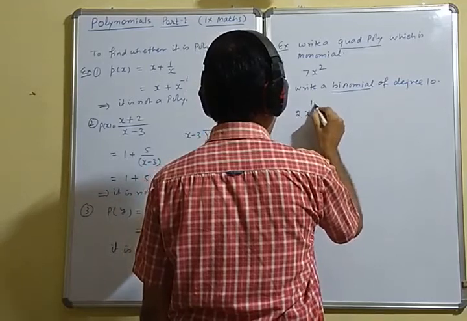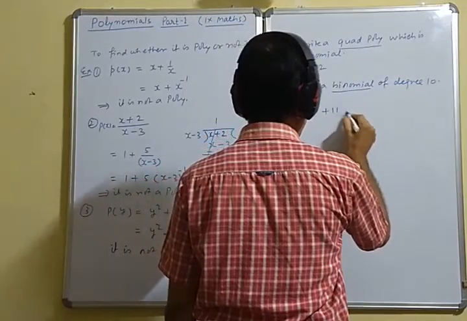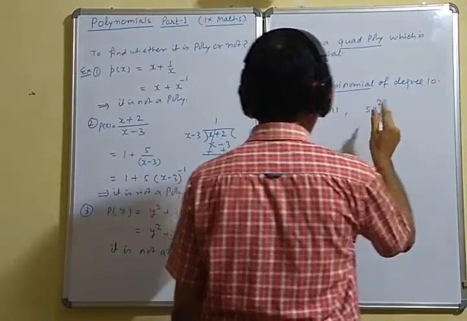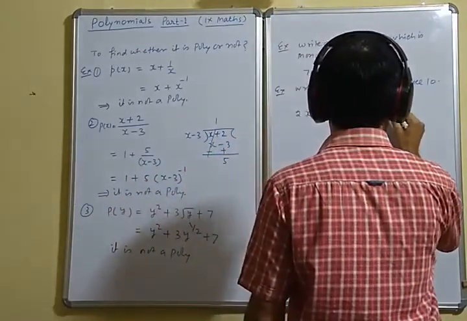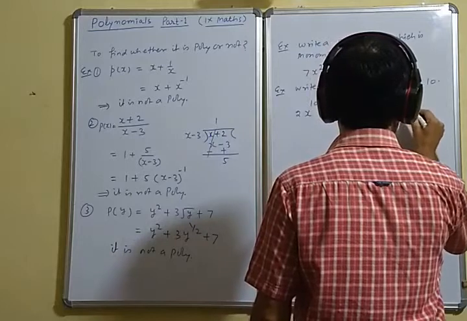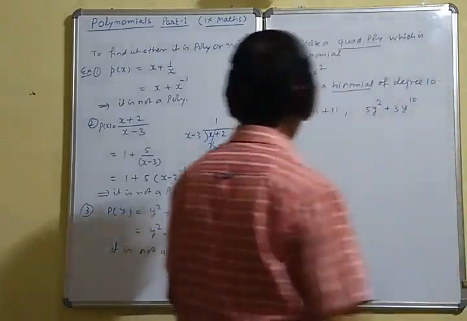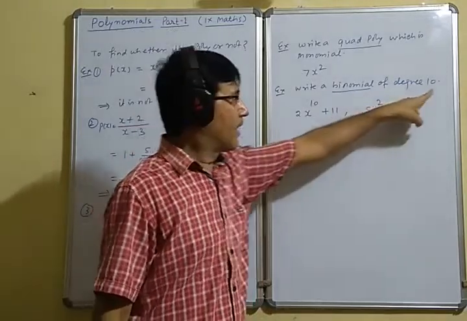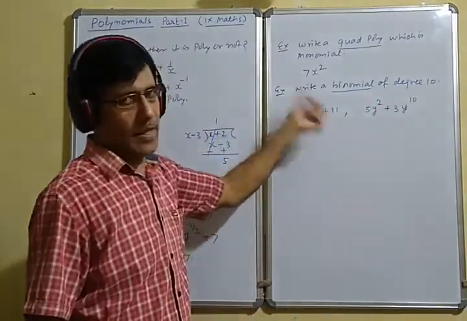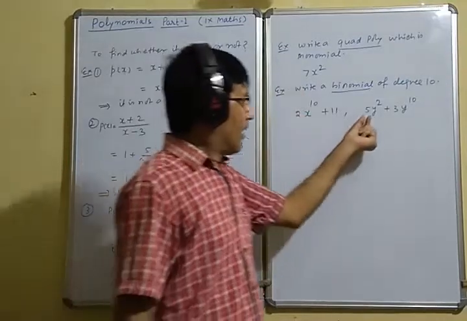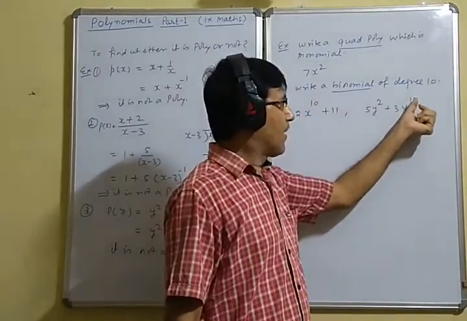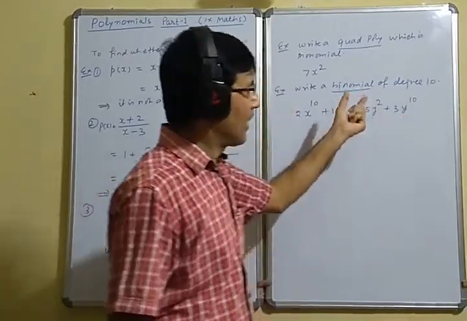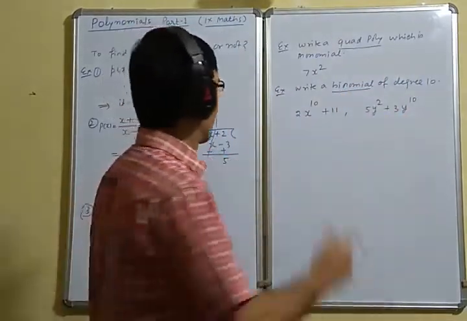For instance, 5y square plus 3y raised to power 10. Here there are two terms, so it is a binomial. The degree is 10, so the highest order is 10, from y raised to power 10.